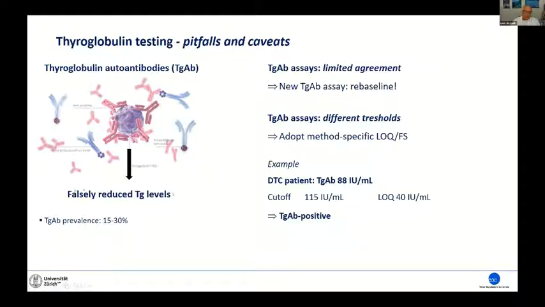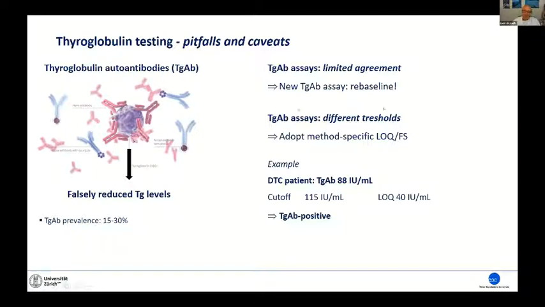There are different methods to detect or suspect these potential interferences. The recommended one is still a direct thyroglobulin antibody assay, but some problems need to be considered. First one, there is a limited agreement in different thyroglobulin antibody assays. So as already mentioned, rebaseline is necessary when a new assay is introduced.